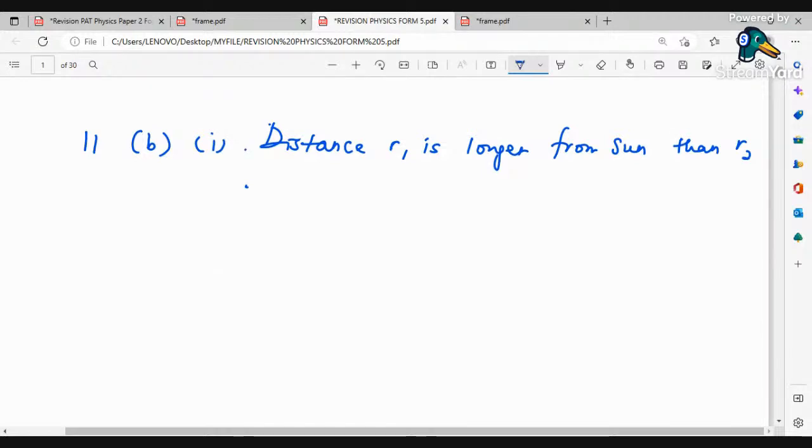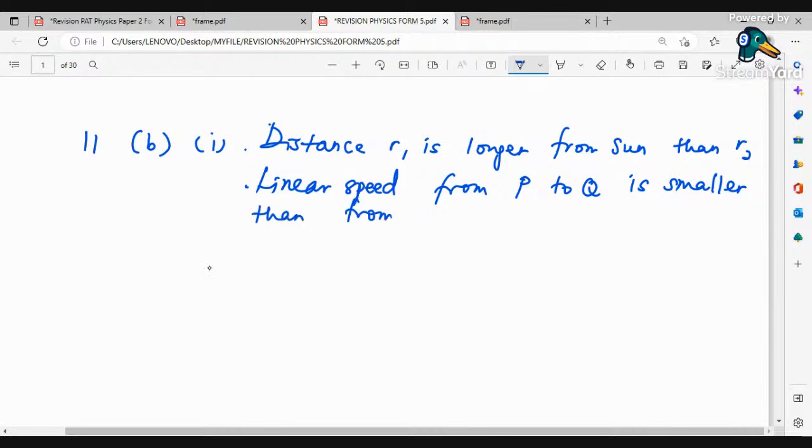Second comparison, linear speed P to Q is smaller than R to S. R1 tadi ialah P to Q kan.